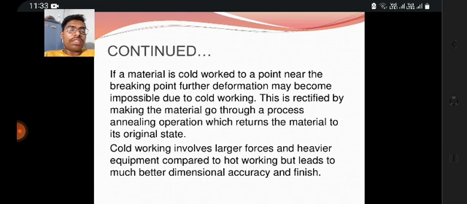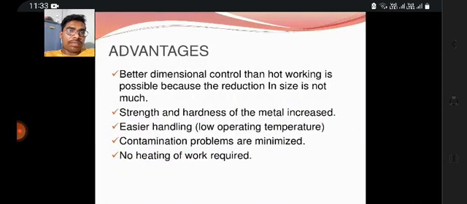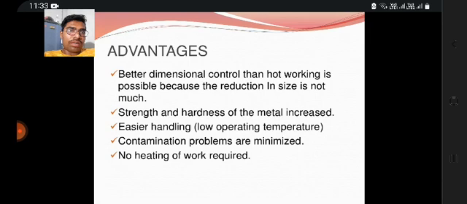This is rectified by making the material go through a process annealing operation which returns the material to its original state. Better dimensional control than hot working is possible because the reduction in size is not much. Strength and hardness of the material increase, easier handling, contamination problems are minimized, no heating of work required.